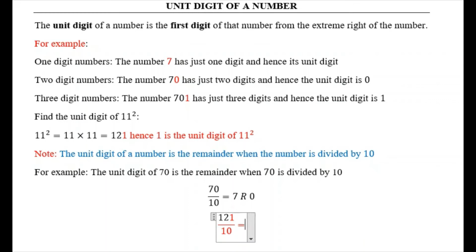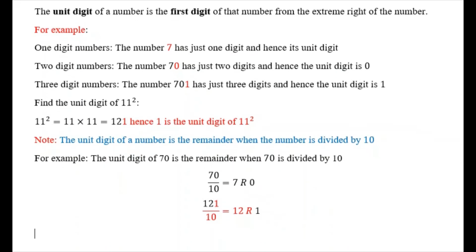So 121 divided by 10 is 12 remainder 1, because 12 times 10 is 120, and you're taking 121 divided by 10. That is why the unit digit of the number 121 is 1.